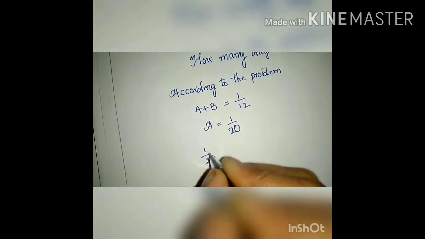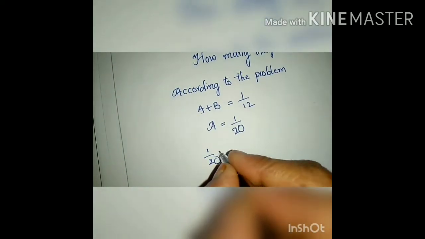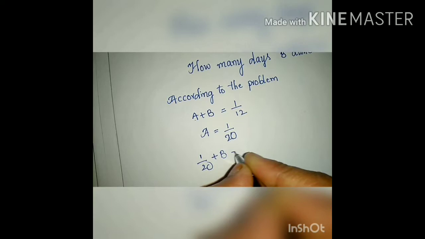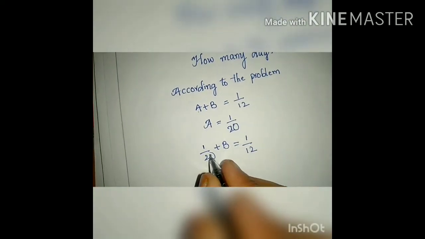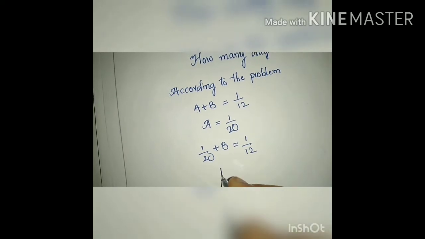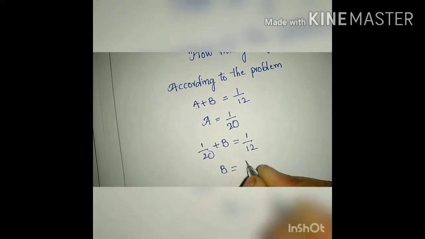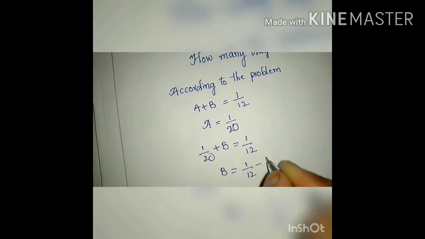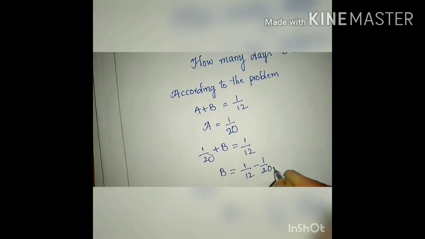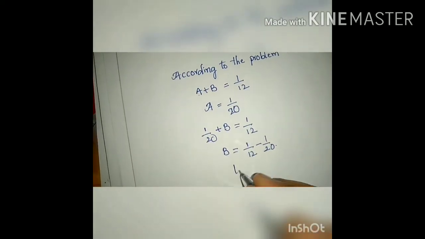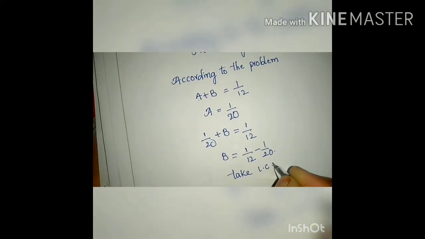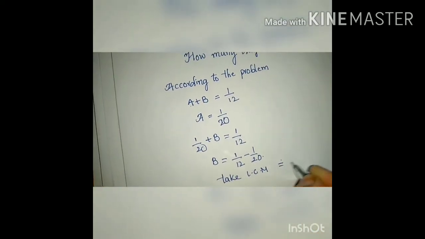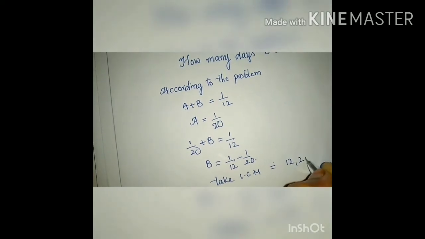Substituting 1 by 20 in the equation: 1 by 20 plus B equal to 1 by 12. So the positive quantity becomes a negative quantity. B is equal to 1 by 12 minus 1 by 20. So take LCM of 12 and 20.